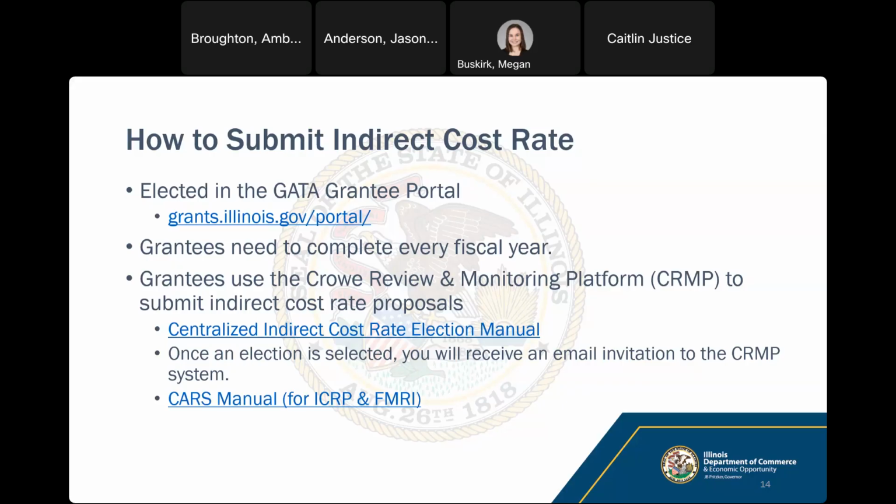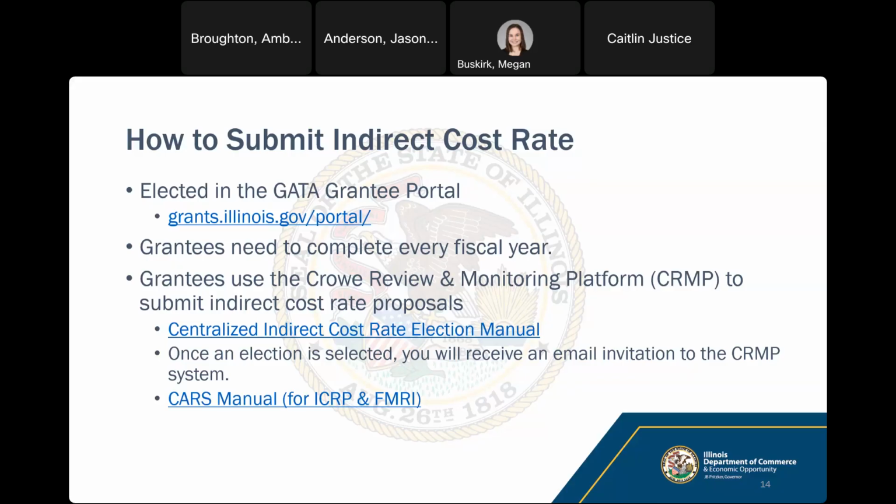The CRO Review and Monitoring Platform, or CRMP, is utilized by grantees to submit indirect cost rate proposals to the State of Illinois. When a grantee selects either a state negotiated indirect cost rate agreement election or the federal rate maintained internally within the GATA grantee portal, an invitation to the CRMP system will be sent to the grantee via email.